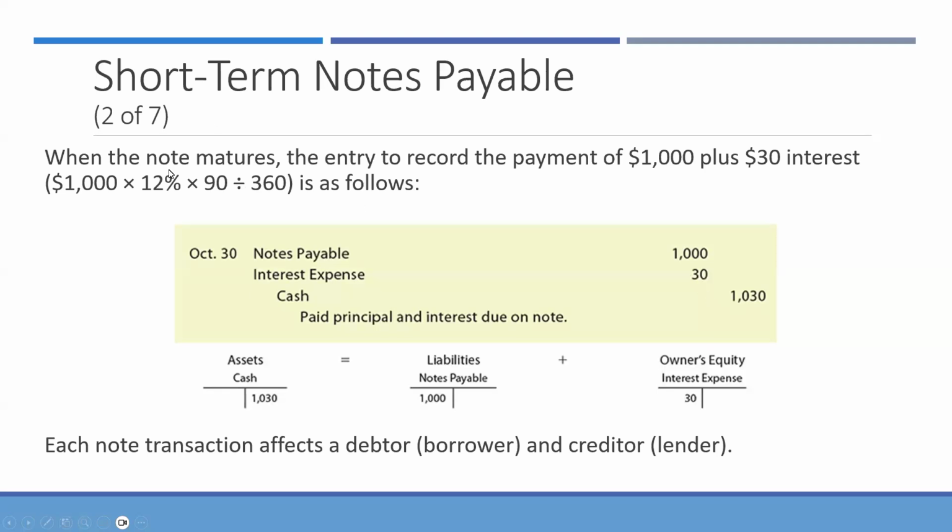Now you can think if this was a full year, it would be $120 because it's 12% interest. And then our cash that we pay, $1,030, is our credit, debit interest expense, debit notes payable. And this is from the perspective of the borrower. The lender would be the opposite. It'd be notes receivable, it'd be interest revenue, and then they'd be receiving cash. And we covered that 2 chapters ago.